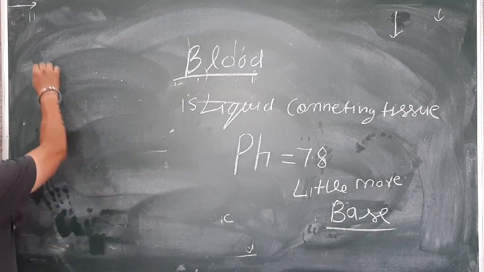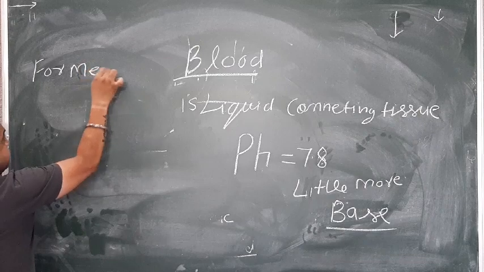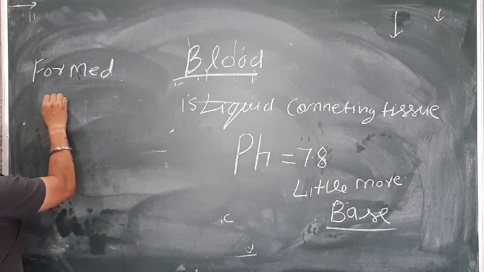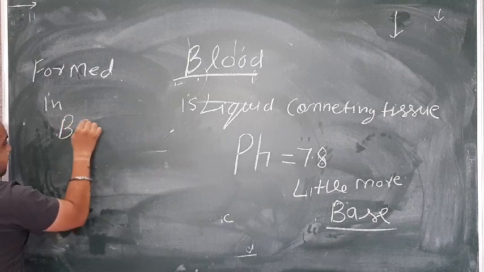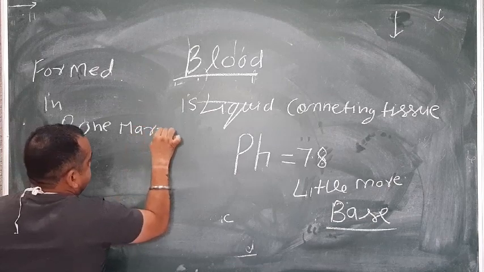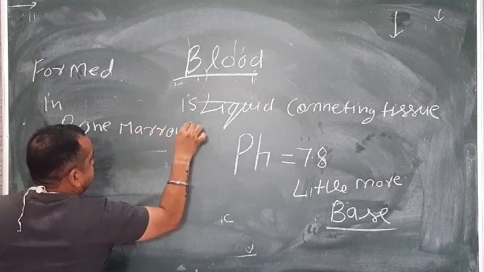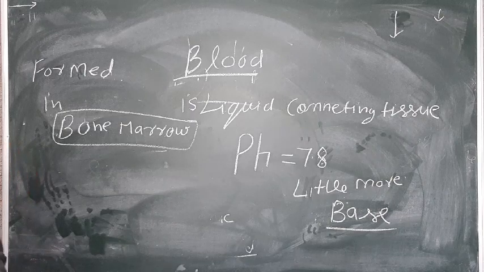In the human body, blood is formed in the bone marrow.